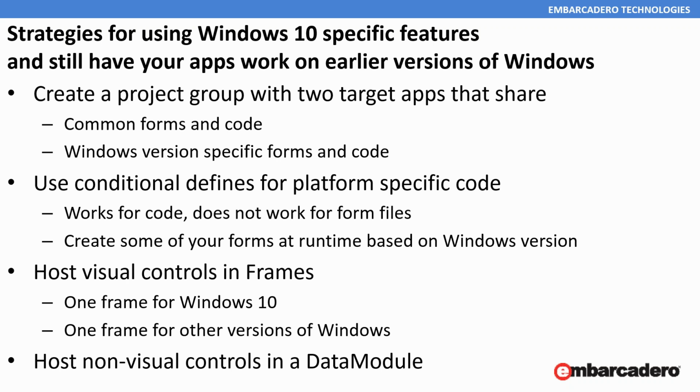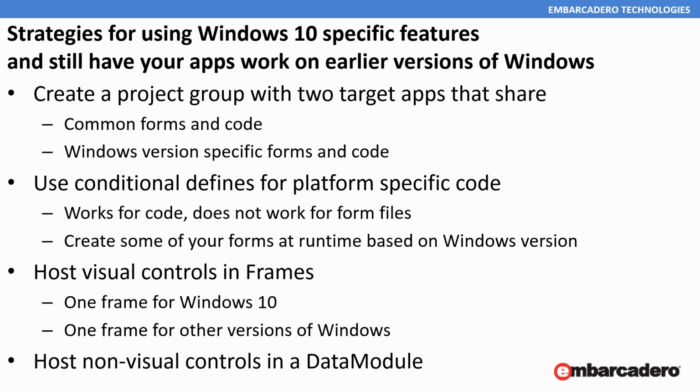You could also do something with runtime code as well to test to see what version of Windows you're running on, and then defeature or provide an alternative way to do some of the functionality. Now, conditional defines work nice for platform-specific code, but doesn't necessarily work for form files, although you could create some of your forms at runtime based on the Windows version to bring the right capabilities in for those parts of your application that may be Windows 10 specific.